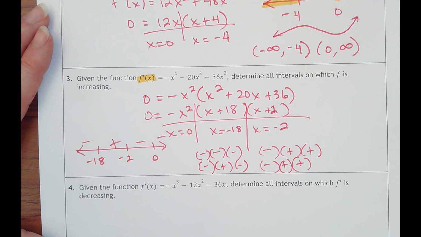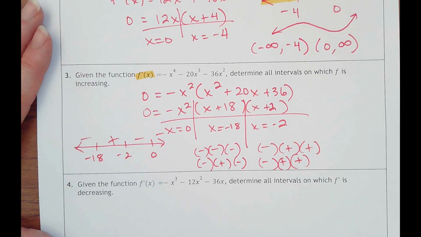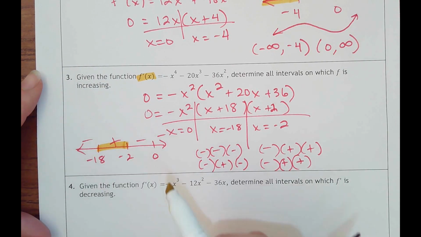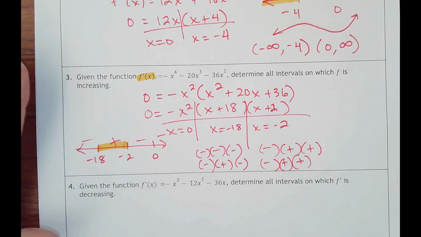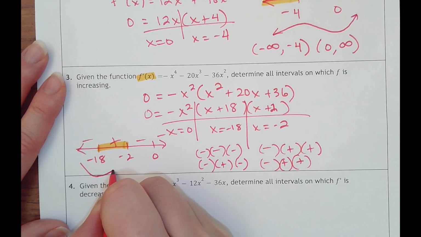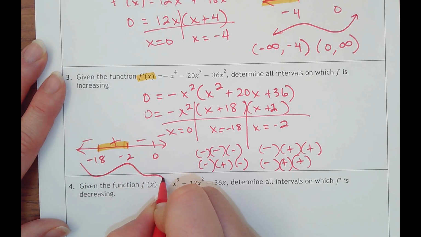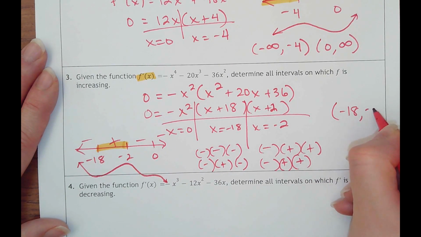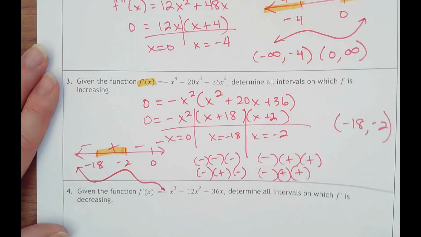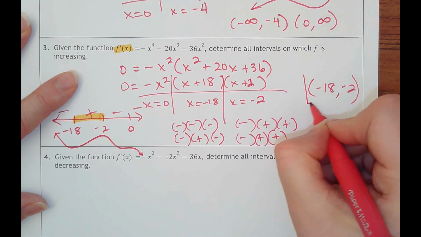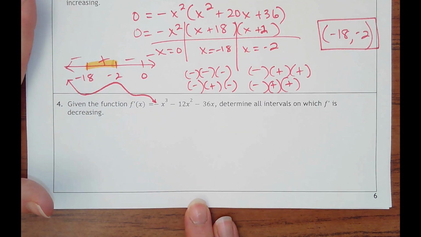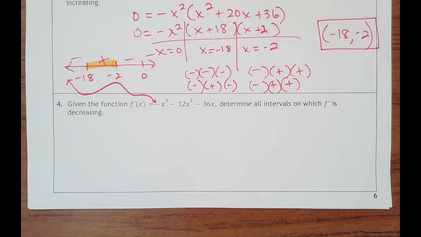Okay, and then where would f be increasing? From negative 18 to negative 2. Because it's decreasing, increasing, decreasing, decreasing. Okay, and the last one, given f prime again, determine all intervals on which f prime is decreasing.